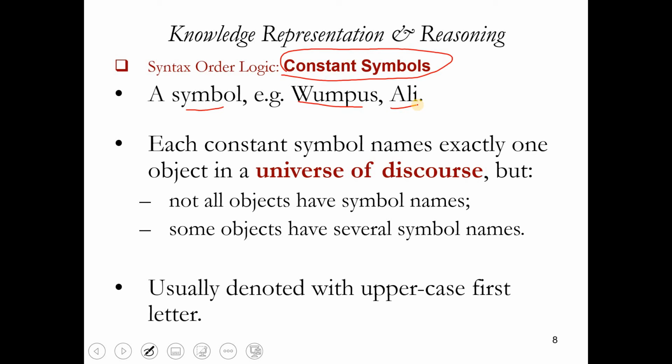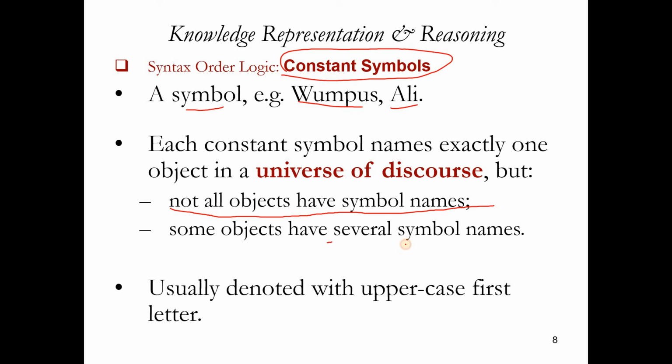If I want to discuss two people, I cannot have both of them with the same name Ali, because it's very obvious that if both of them have the same name, then I cannot identify them or call them separately. It is the same as if I have two students with the same name, then I will be using the complete name of those students to call them. Still I will try to keep them unique. So this is the case, but not all objects have symbol names.